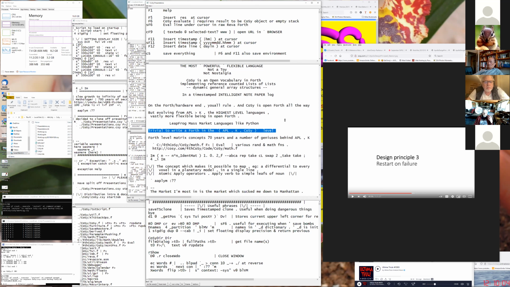One thing that should be pointed out is that it is trivial to write a Forth at the APL, K, and CoSy level.